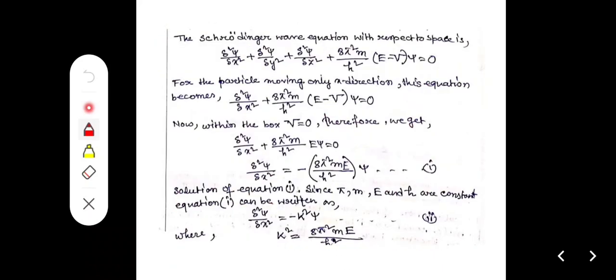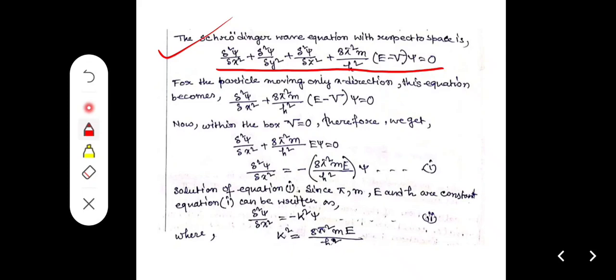Now for the derivation we use the Schrödinger wave equation with respect to space, that is ∂²ψ/∂x² plus ∂²ψ/∂y² plus ∂²ψ/∂z² plus 8π²m/h² (E minus V) ψ equal to 0. Here we can say that in three dimensions the psi function can be derived this way.